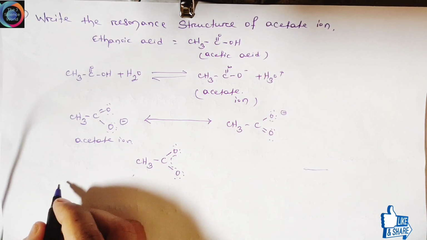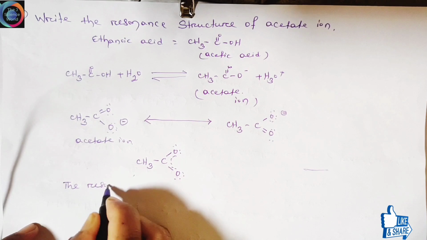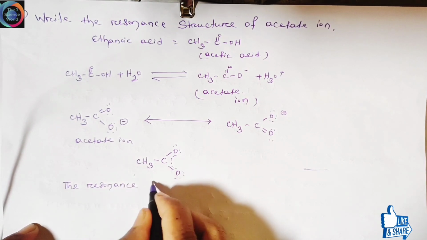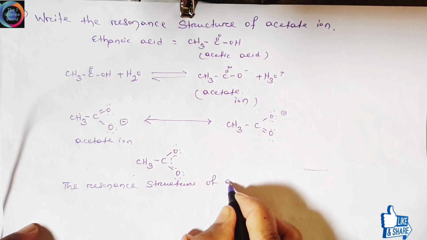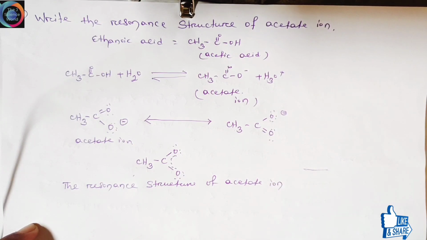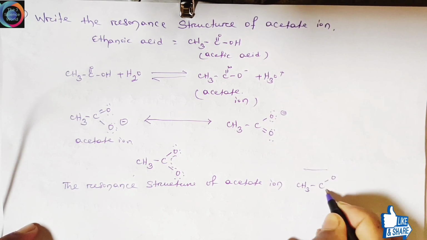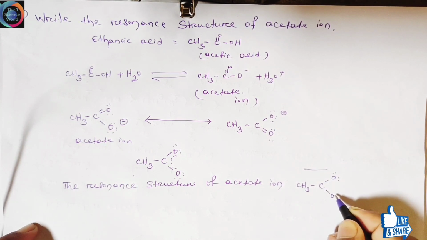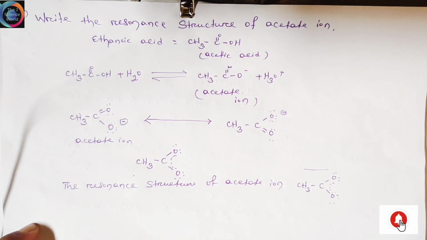So friends, we write the resonance structure of acetate ion, that is CH3, this is our accurate structure. This is our complete, actual structure.